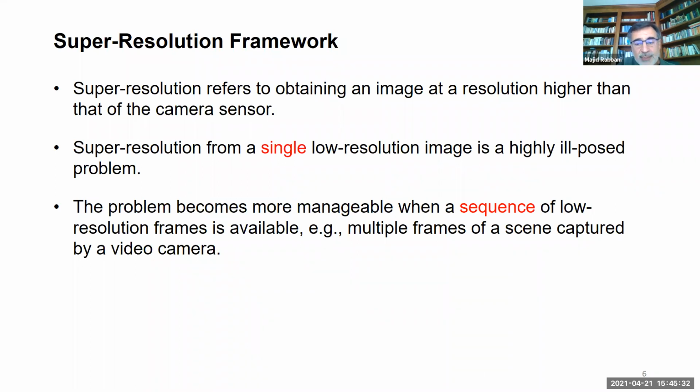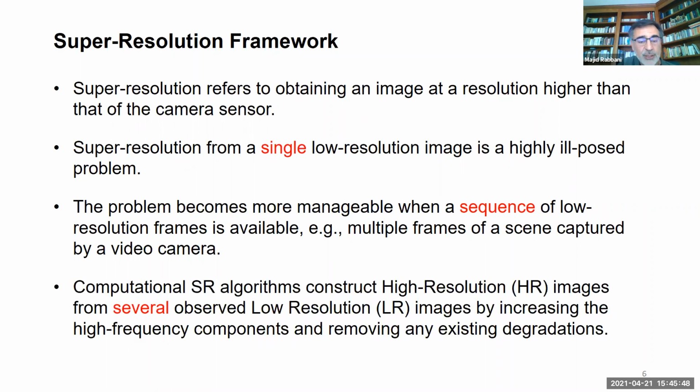Whereas the more recent work takes a single low resolution image, but then trains the network. That's a form of regularization. They train the network with many similar example images, and then try to super resolve a single image. We will discuss both, okay?